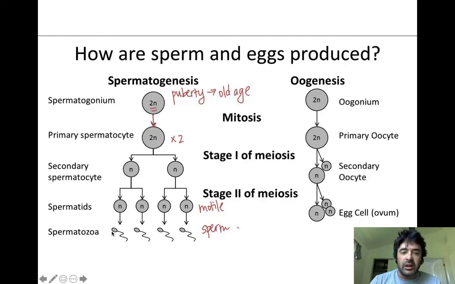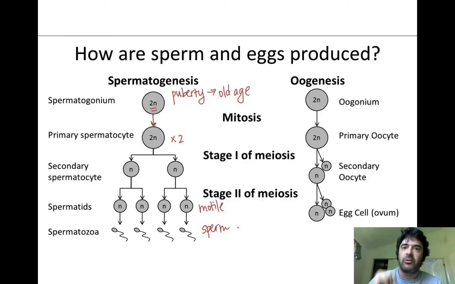With every ejaculation, a male will ejaculate semen. Semen, remember, is about 99% glandular secretion and about 1% sperm. But even though it's only 1% sperm, with every ejaculation there's anywhere from 200 million to 500 million sperm released. That is a gigantic number.